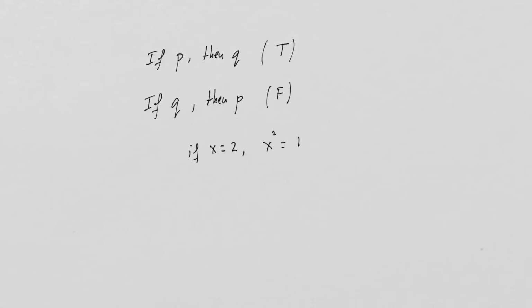I think all of you will say 4. And that is a true statement. Now, if I find the converse and I say if x squared equals 4, does it imply that x equals 2? You're going to say, yeah, it could be 2, but it could also be negative 2. So it's not always true, so we say false.